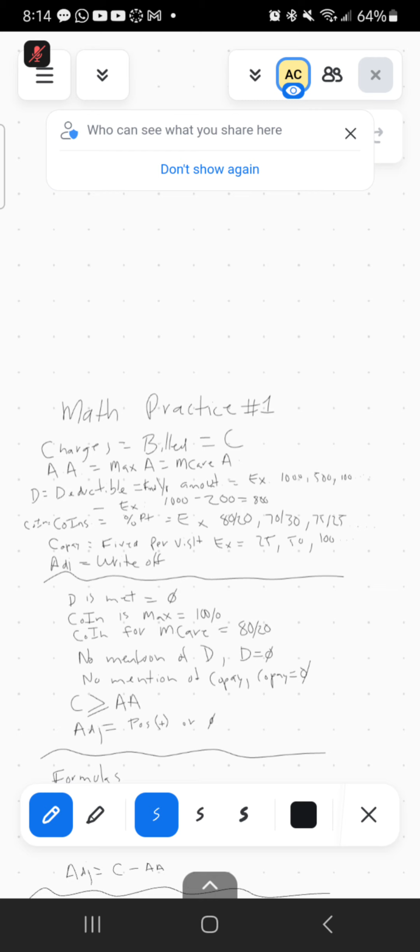Okay, so can you please refresh your announcement page and see if now it has an announcement and an attachment? Yeah, I see it, and I went in, but that's all I see. And I'm clicking on math practice 1 inside the, oh, let me download it. Do we have to download it? Yes. Okay.